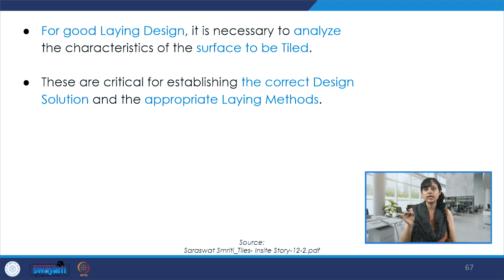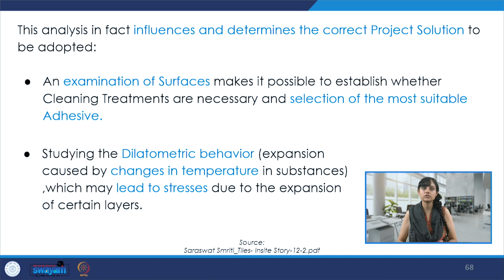For good laying design, it is necessary to analyze the characteristics of the surface to be tiled, and these are critical for establishing the correct design solution and the appropriate laying method, because what surface is to be tiled, to analyze that is very, very important. Now, this analysis in fact influences and determines the correct project solution. An examination of surfaces makes it possible to establish whether cleaning treatments are necessary and selection of the most suitable adhesive.